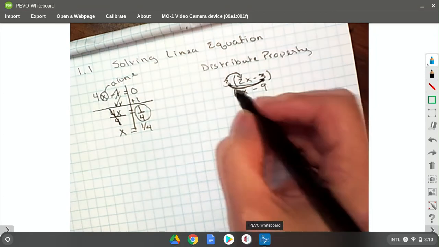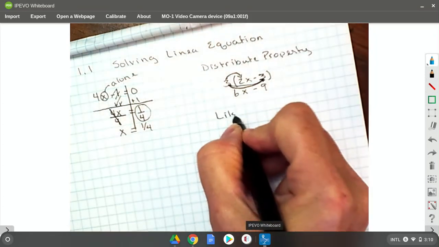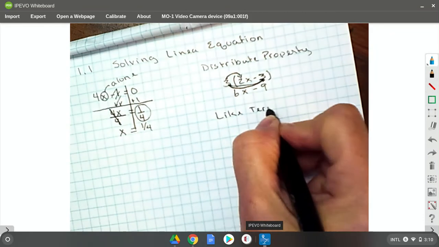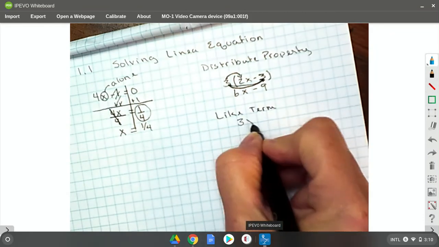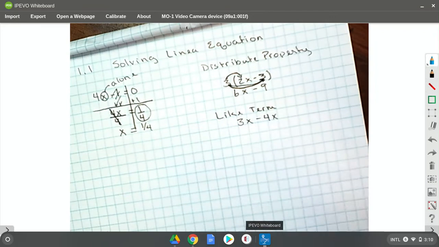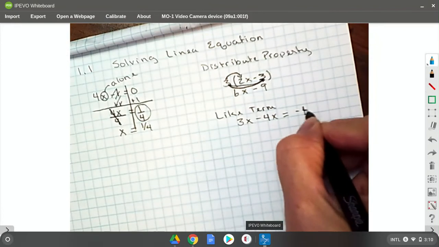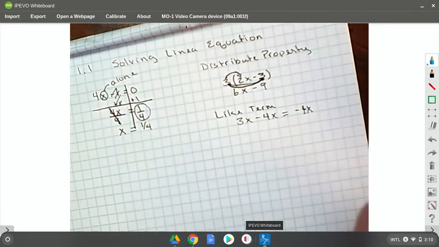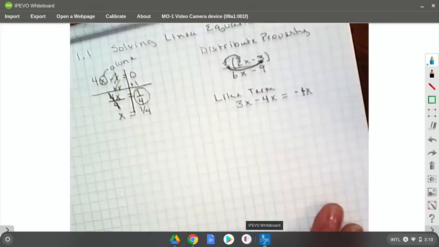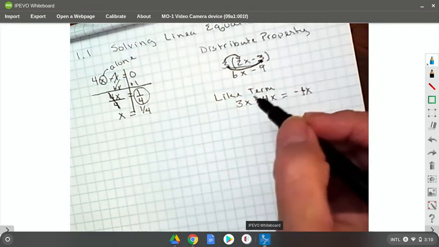And then remember, when we have like terms, you must have the same exact variable. 3x minus 4x, that would be a negative 1x. And that's just simplifying, right? That's not solving, that's simplifying terms.